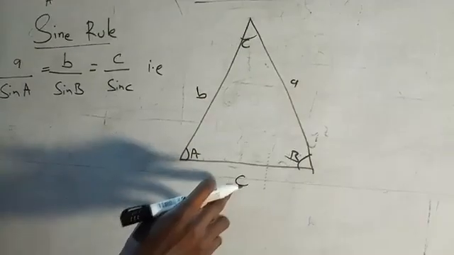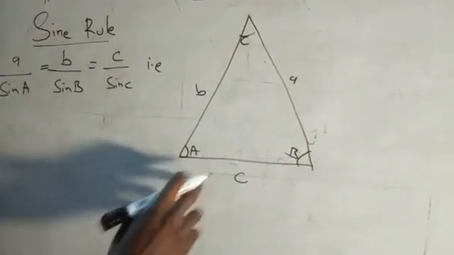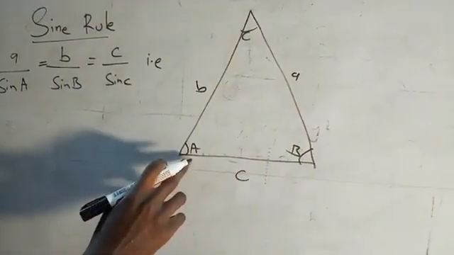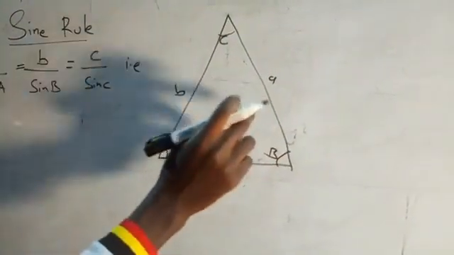So c over sine of C, a over sine of A, and b over sine of B.